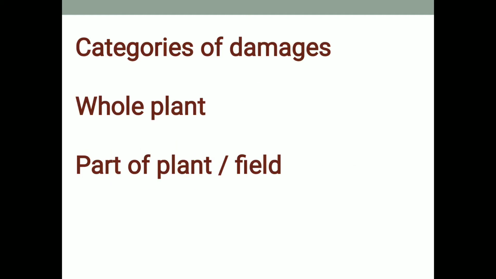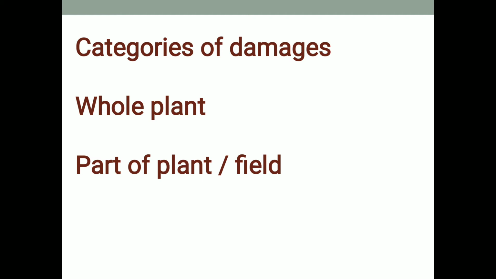Next we discuss the categories of damage. Suppose the incidence of a pathogen occurs on the plant. Sometimes the whole plant gets affected or destroyed due to a particular pathogen, and sometimes only a part of the plant or part of the field is infected.